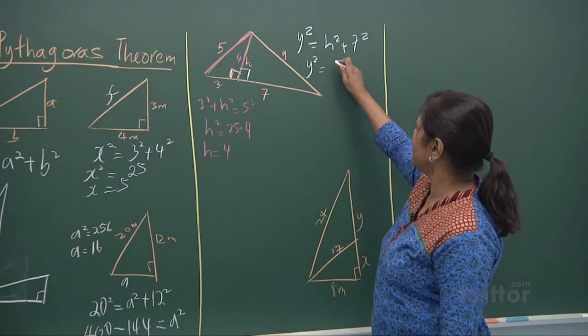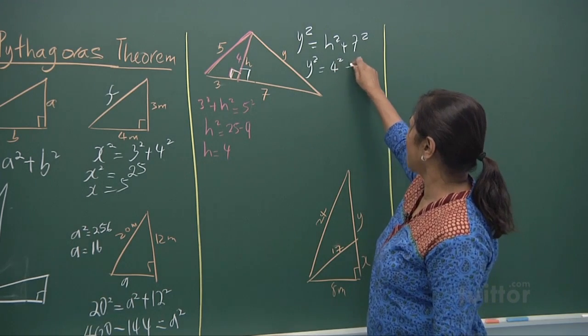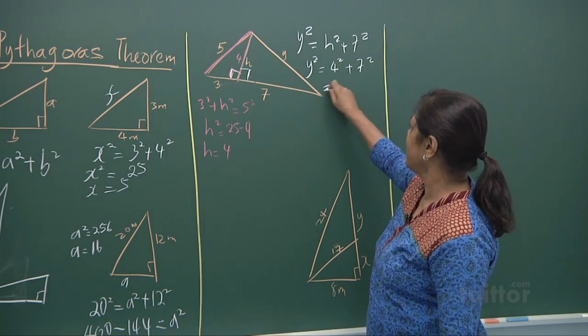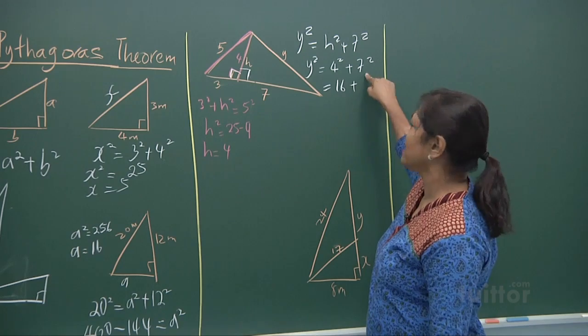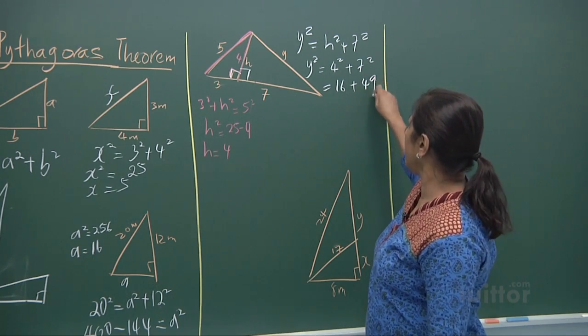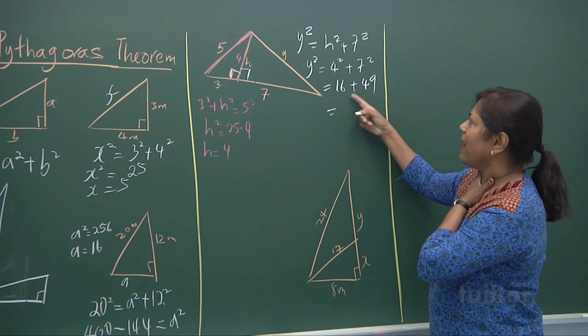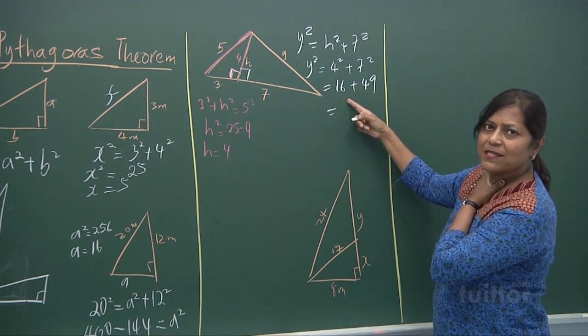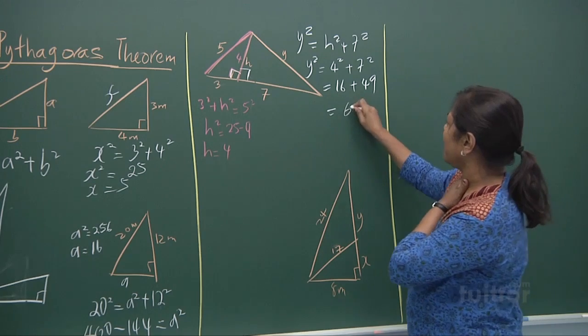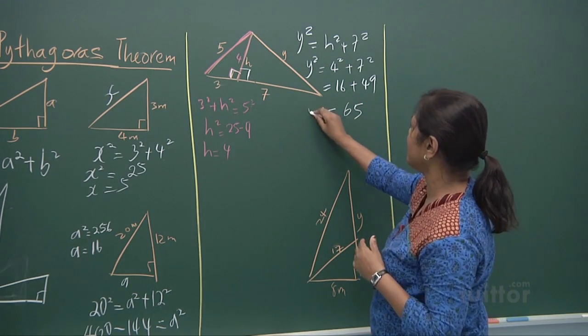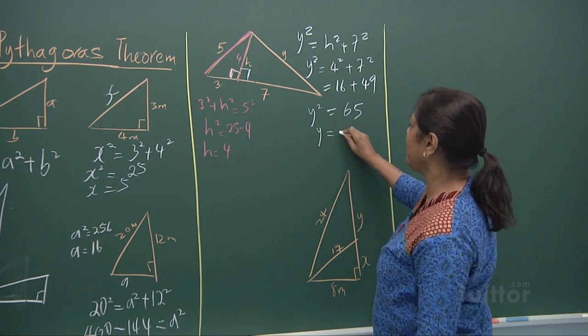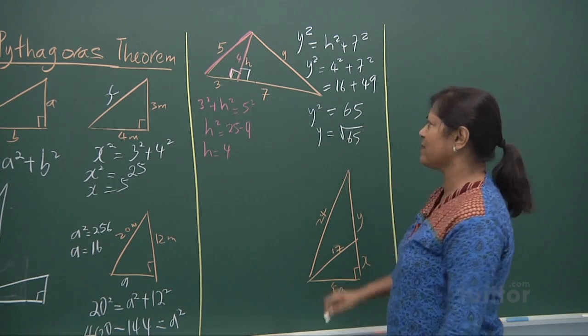Your h is 4, so 4 squared, 7 squared, 16 plus 49. When you add that up, what do you get for y? Please help me there. 65. Right, that's y squared, and y will be the square root of 65.